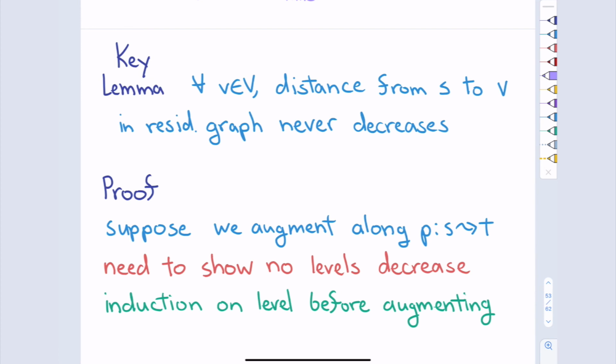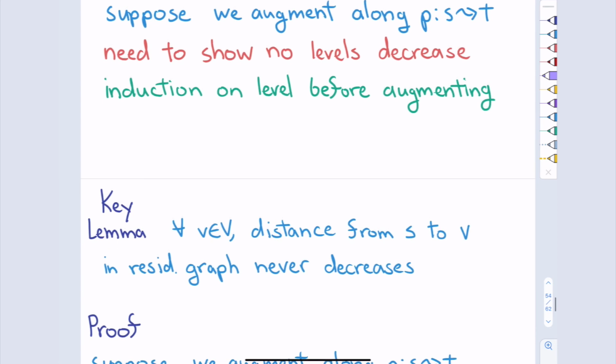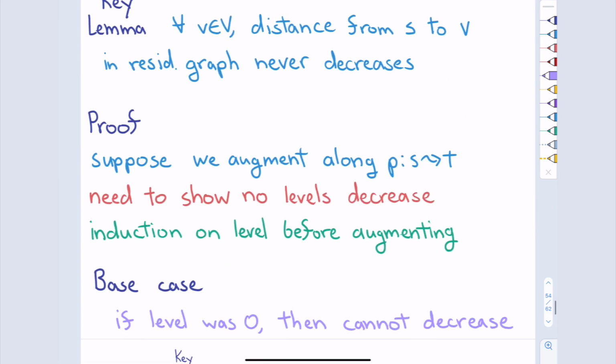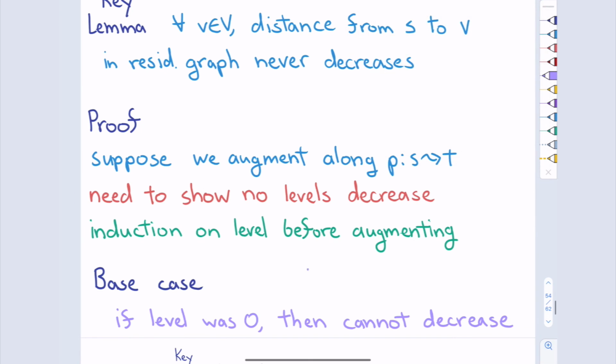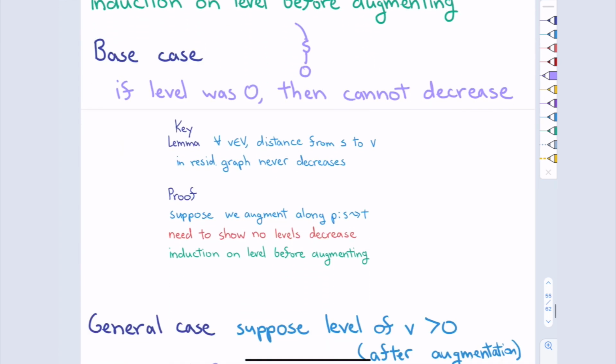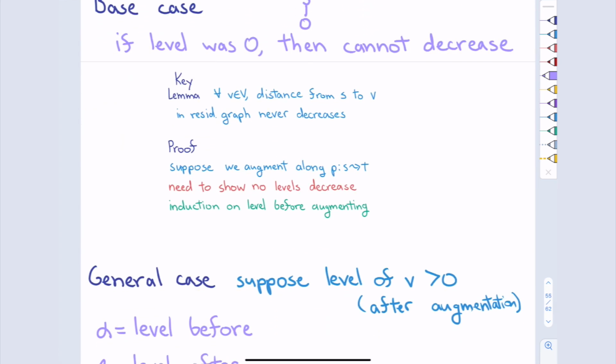Okay. So in the base case, level 0 is just S. That's the only vertex we can get to in 0 edges. So that never goes down. S can always get to S in 0 edges. Okay. So let's look at the greater level.